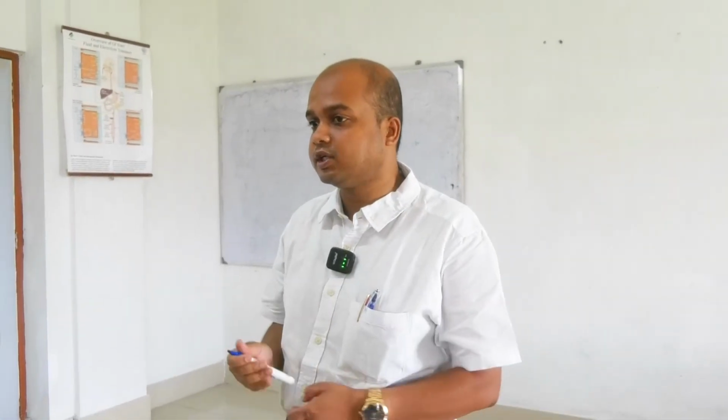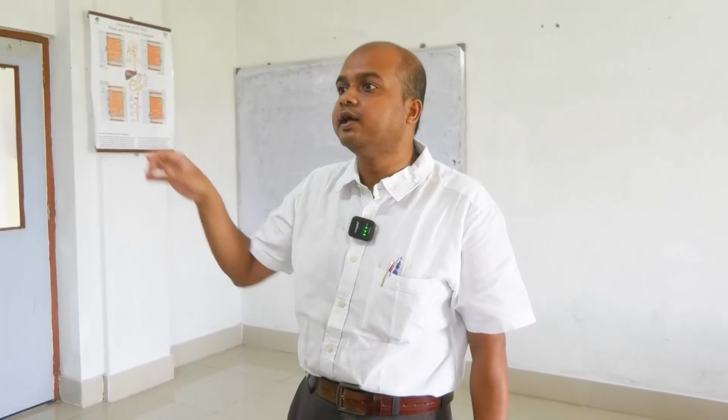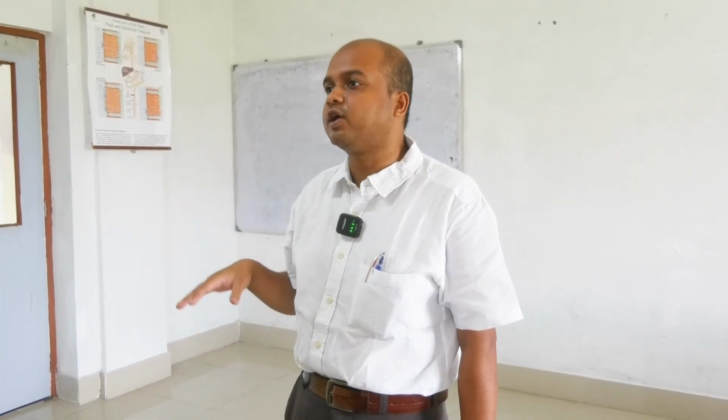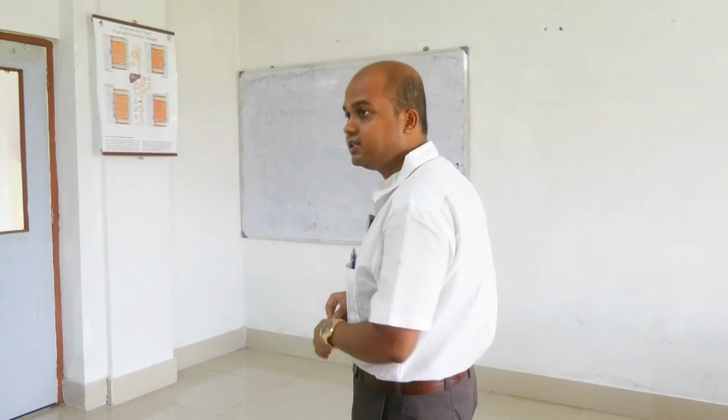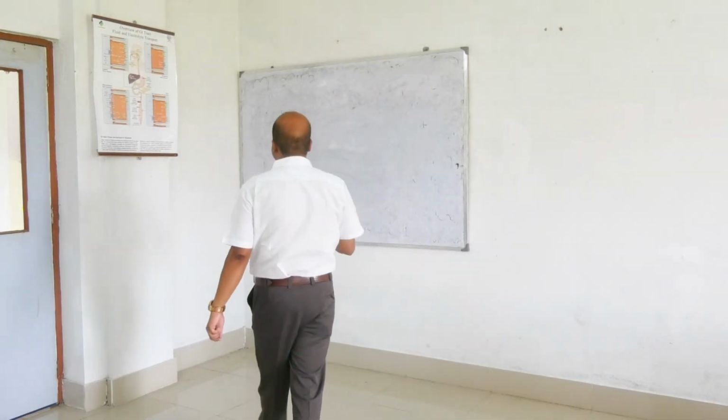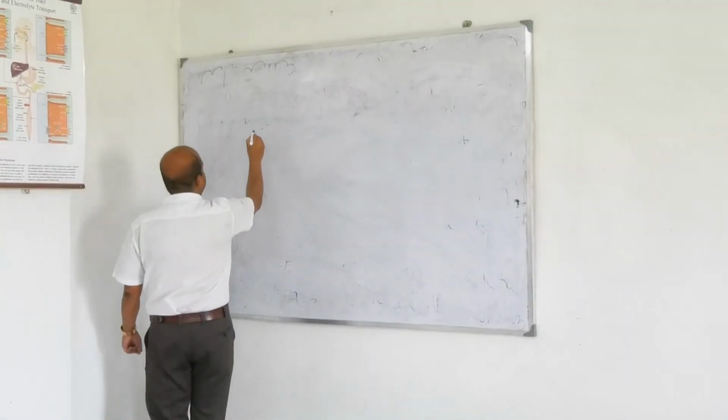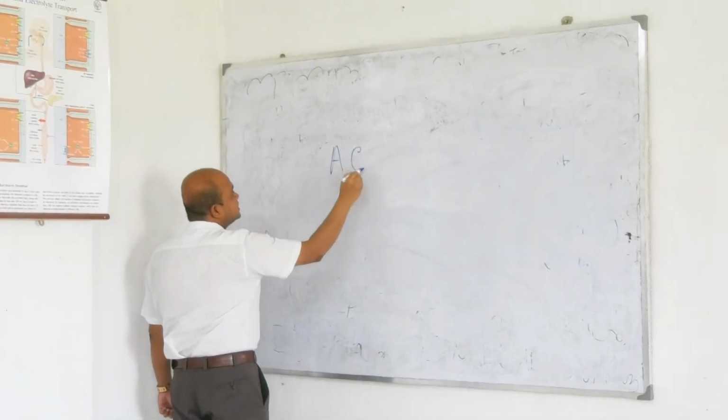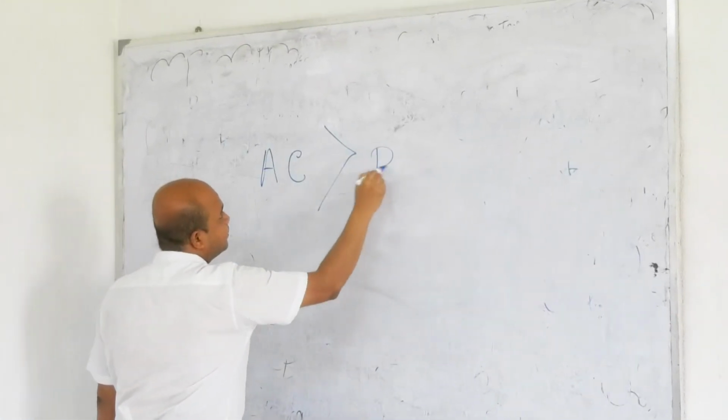That means vibrations through the bones will dampen faster than the vibrations reaching through the ear ossicles. Vibrations reaching the inner ear through the bones die down faster than vibrations reaching through the ossicles, which is called air conduction. So, that is written as AC greater than BC.